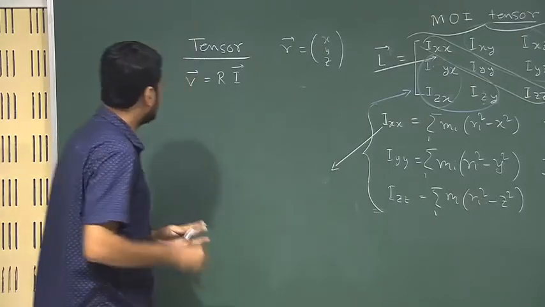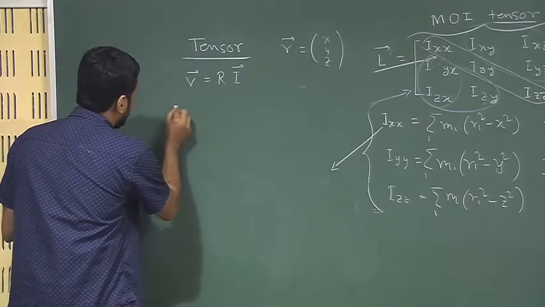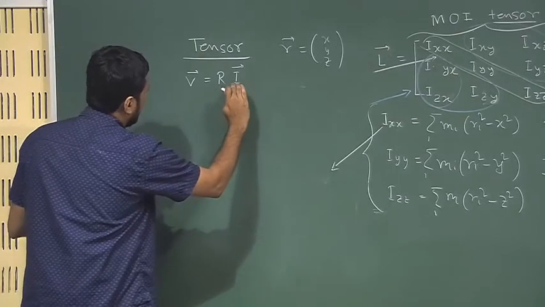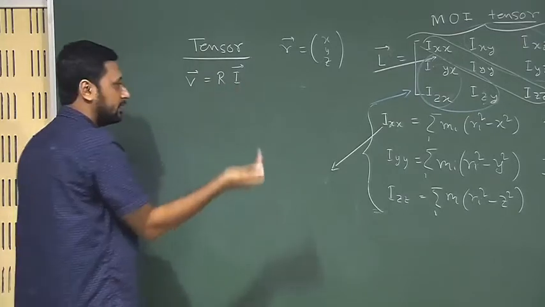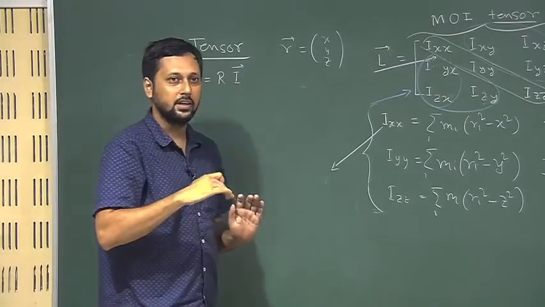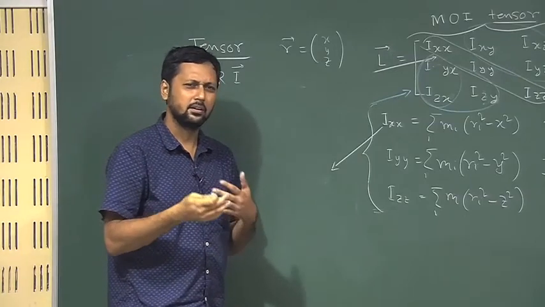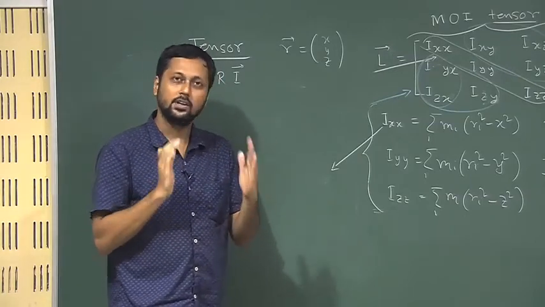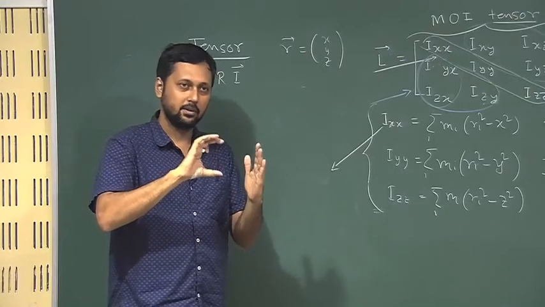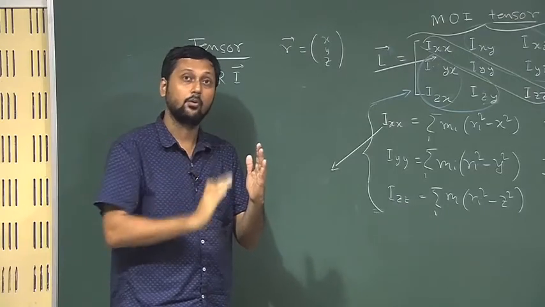Now, we can think of it this way: we apply a voltage in the x direction, and we will still be able to measure a current along the y direction.